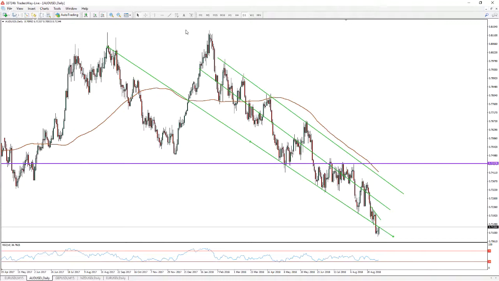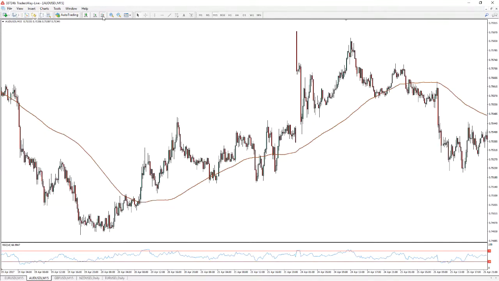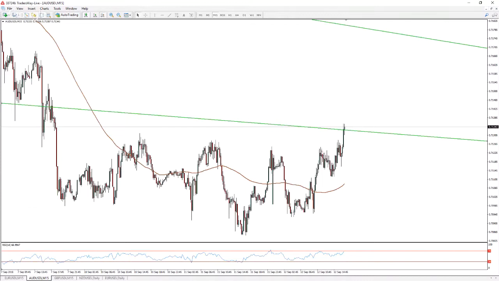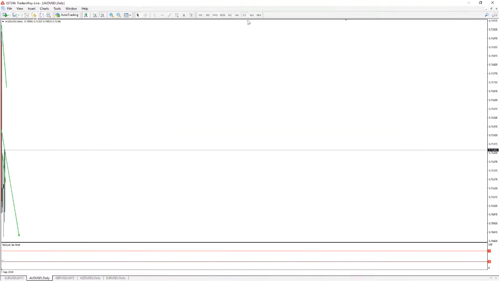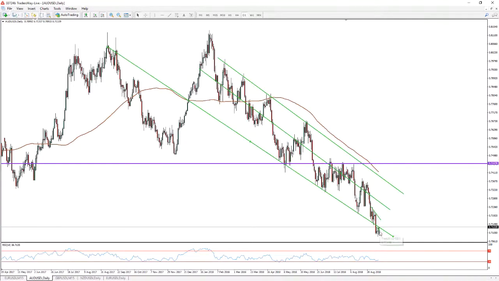We're breaking this level currently. Let's take a look at a 15-minute chart. 15 minutes got a nice strong break. We broke above this level. So we've got a really strong break. We've got some upward momentum. And it's breaking out of the bottom of this channel. You can see we've got some bottoming action.